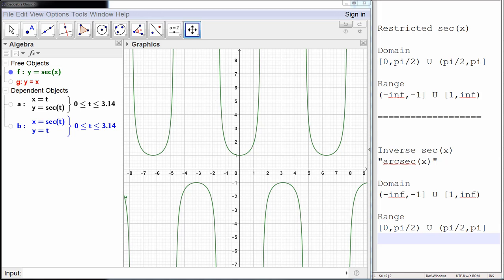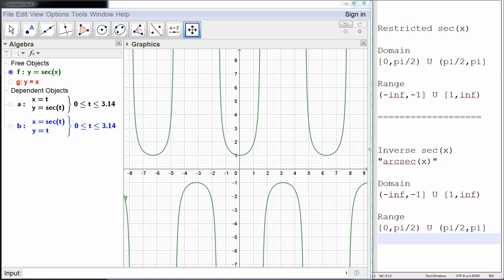So I hope you kind of see the pattern at this point. But because secant and cosecant are kind of complicated functions, building their inverses, again, it's the same idea that we've seen before, but the details are a little bit more complicated.